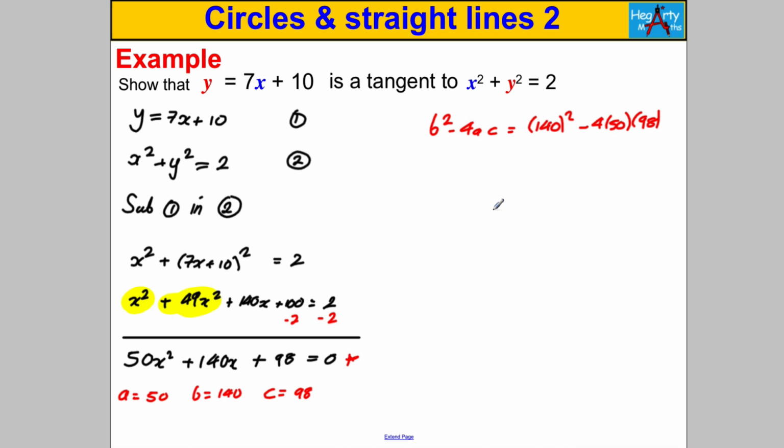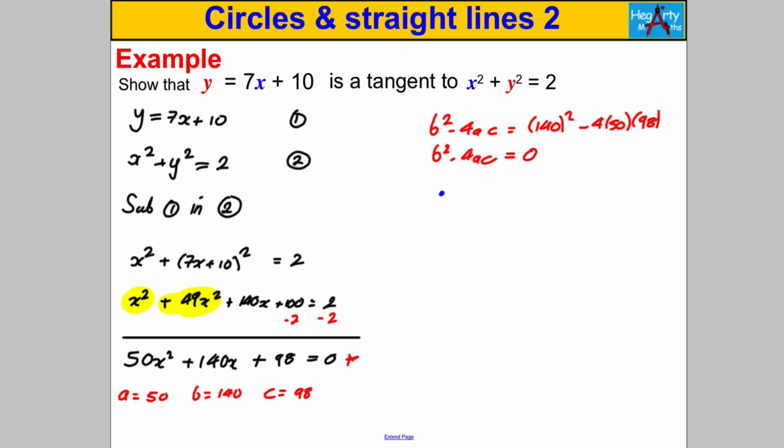Now when you do that in your calculator, you get the answer 0. And because you get the answer 0, you can say that this quadratic has one solution, so these two must only cross in one place. Therefore this line must be a tangent to this circle. So you must state the logic there to get yourself home and show that it's actually a tangent.